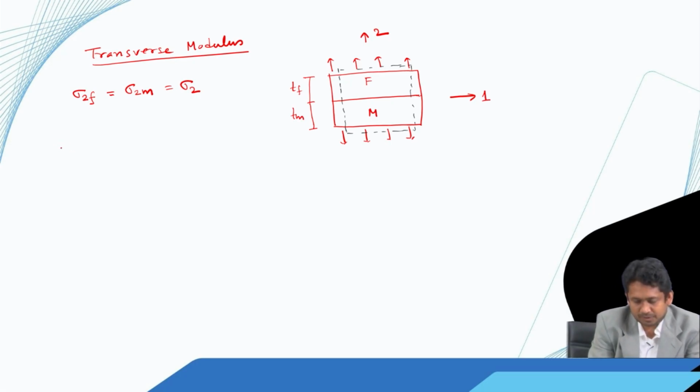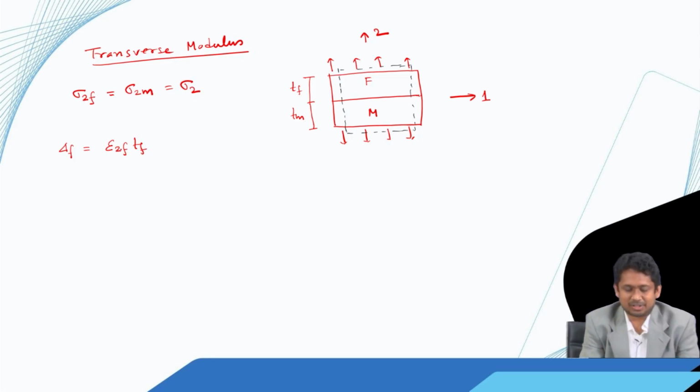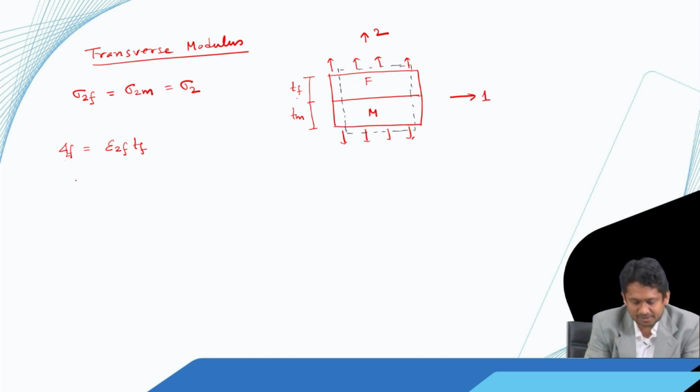So, total elongation of the fiber domain along direction 2 is epsilon 2 f multiplied by T f, because epsilon 2 is the normal strain in direction 2. If I multiply this strain by this dimension T f, that gives us the total elongation along direction 2, we can call it delta 2 f. Similarly, delta 2 m, that means elongation in direction 2 for the matrix, is epsilon 2 m multiplied by T m.